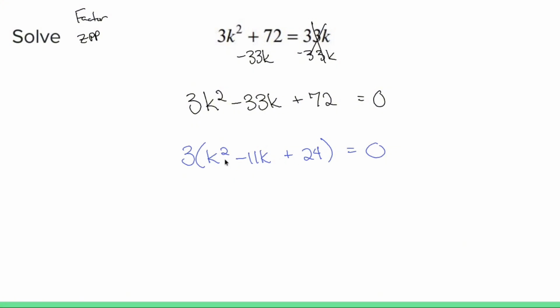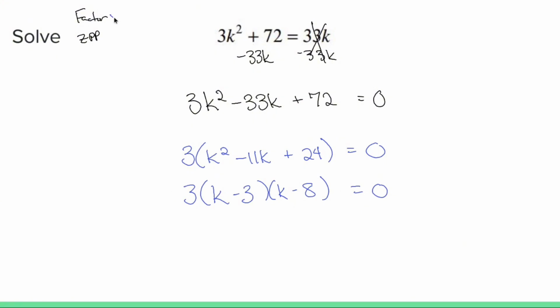Now I look at this, and I'm thinking, I could probably factor that. That's a quadratic, so let's think of two numbers that add up to negative 11 and multiply out to 24. Those two numbers would be negative 3 and negative 8. So (k − 3)(k − 8) = 0.